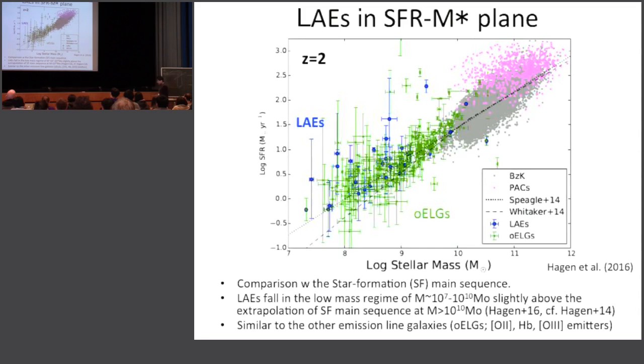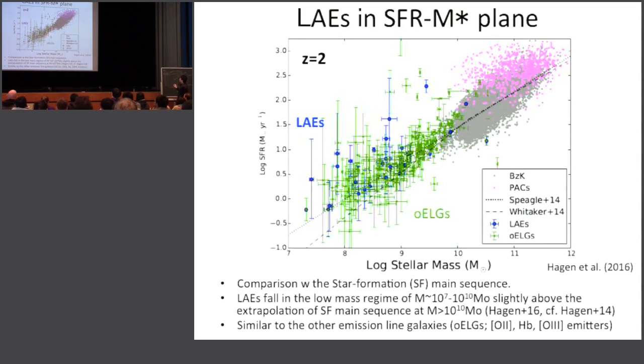This is the last slide of my lecture. It shows a very recent result by Alex Hagen: the star formation rate as a function of stellar mass. The gray and magenta points show the star formation main sequence down to 10^10 solar mass, given by photo-z selection or BzK selection and so on.